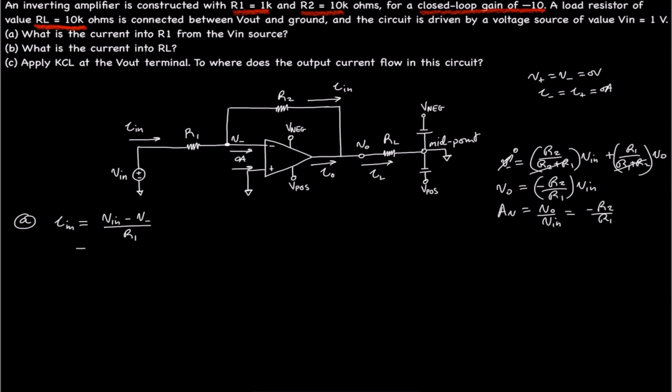By virtual short, we know that the V minus terminal is held at ground, which is 0 volts. So that is Vin divided by R1. Vin is 1 volt, and R1 is 1K, so Iin is equal to 1 milliamp.